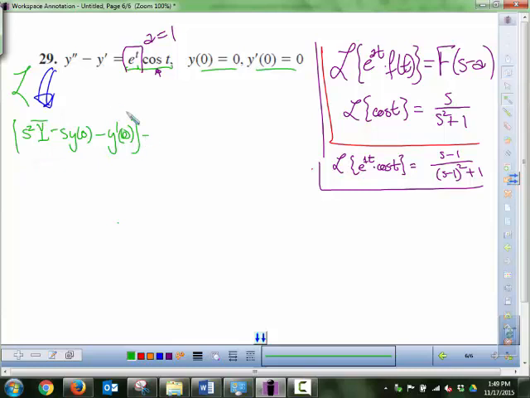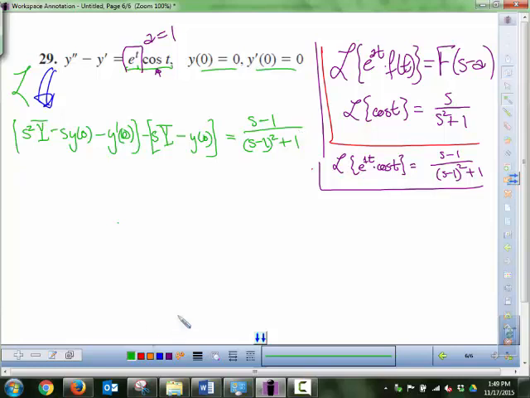The y prime is going to be s times Y minus y of 0, equals what we just found out over here. Our shift is s minus 1 over s minus 1 quantity squared plus 1 squared. Okay?